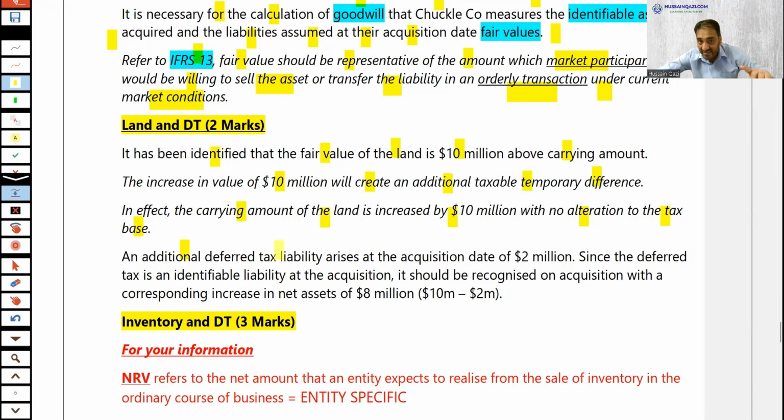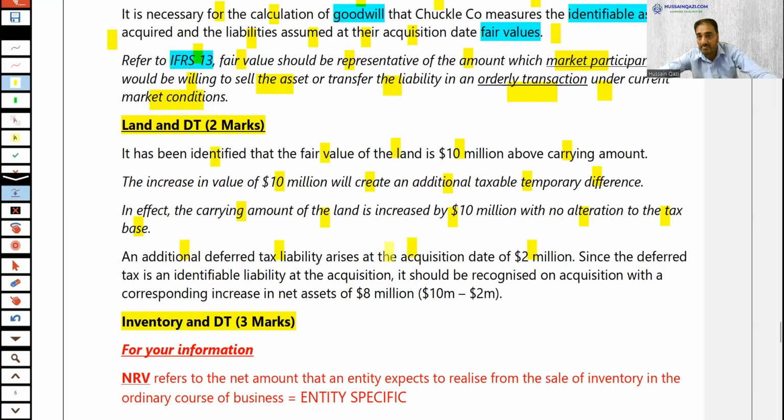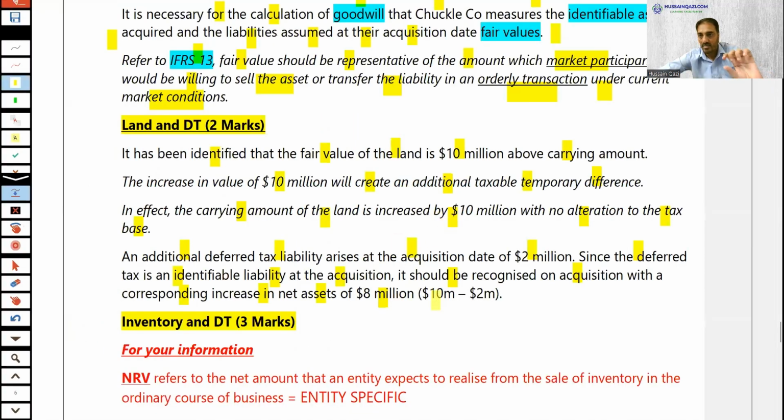So the deferred tax liability arising at the acquisition date is 2 million. Since deferred tax is an identifiable liability at acquisition, it should be recognized on acquisition with a corresponding increase in net assets. That's 8 million: land increased by 10, liability increased by 2, net assets increased by 8 million.